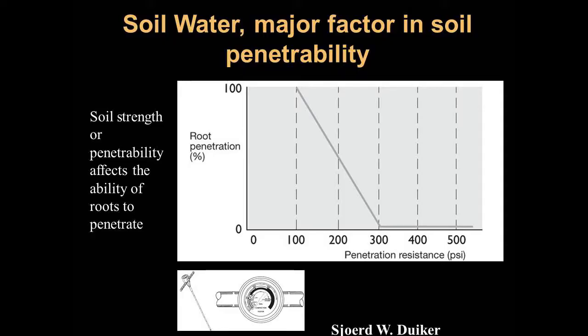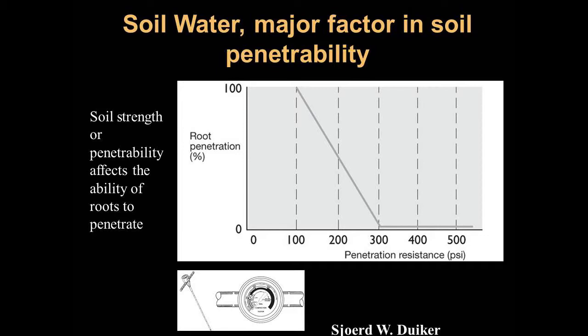This one isn't really out there a lot, but some work at Virginia Tech I thought was pointing very much to this. When we have a wet soil in the spring, we can actually get roots growing into soil that the roots aren't going to grow into in the summer when it's drier. So soil moisture will affect the penetrability. There are ways of measuring penetrability, these penetrometers.